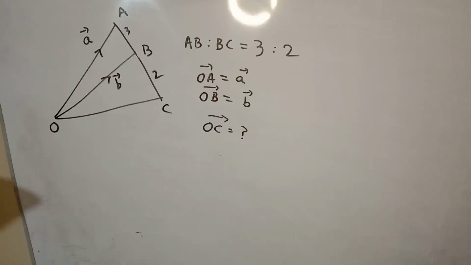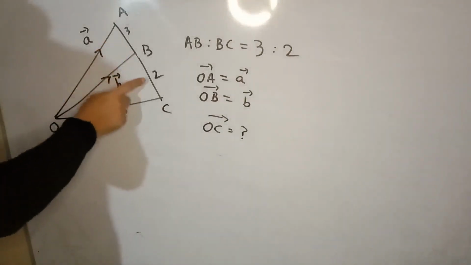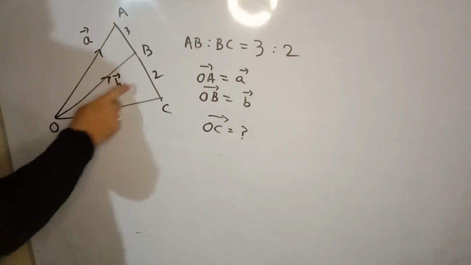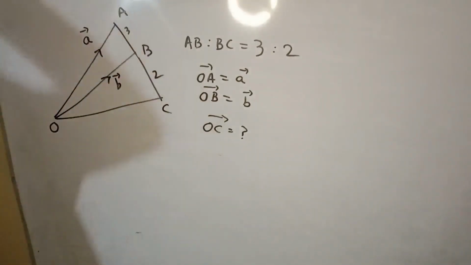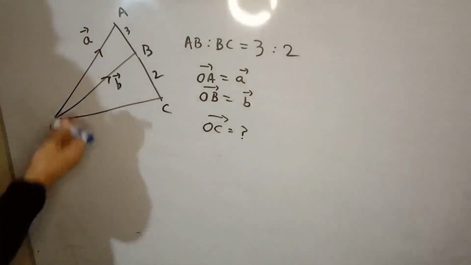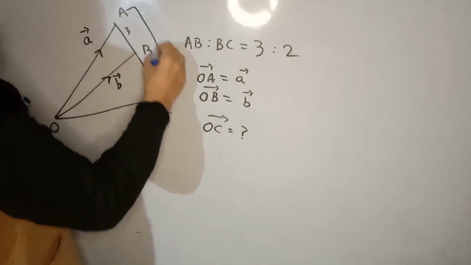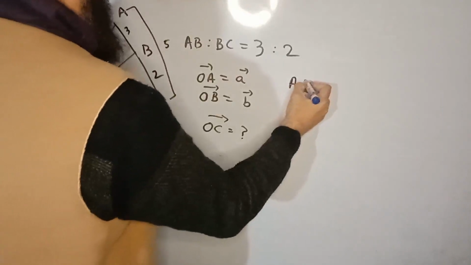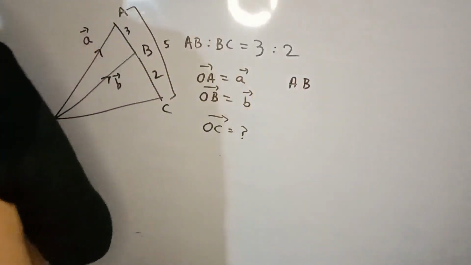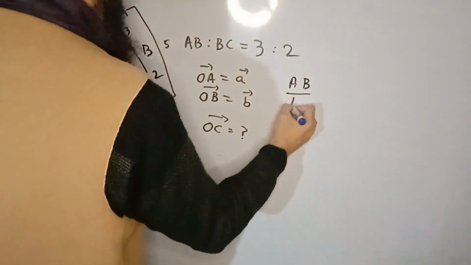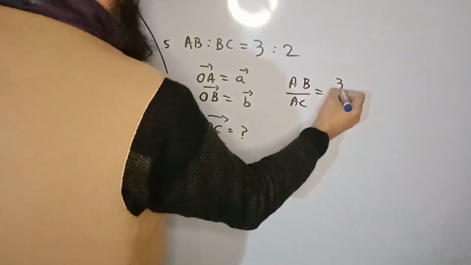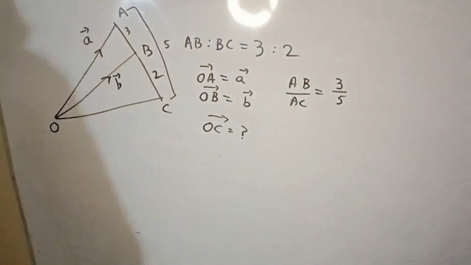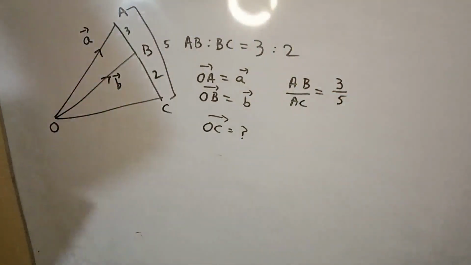But what is AB? B divides AC in the ratio of 3:2. This implies that AB over AC, since this is 3:2 so the whole is 5, is equal to 3/5.